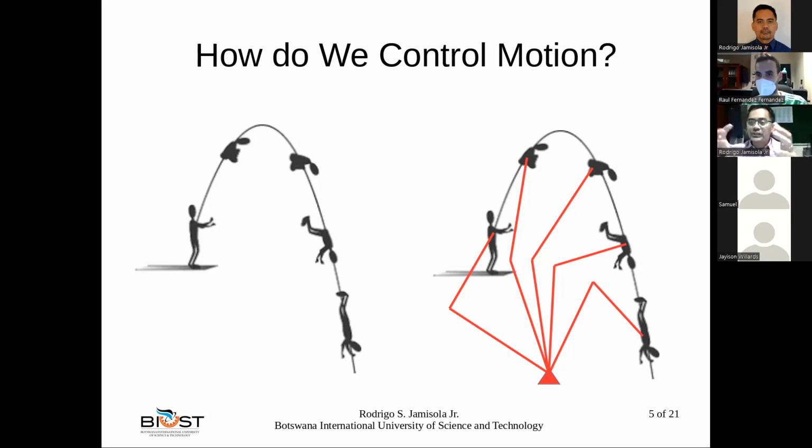So the question now is, how do we control the robot so that the person can imitate an environment where there is no gravity?